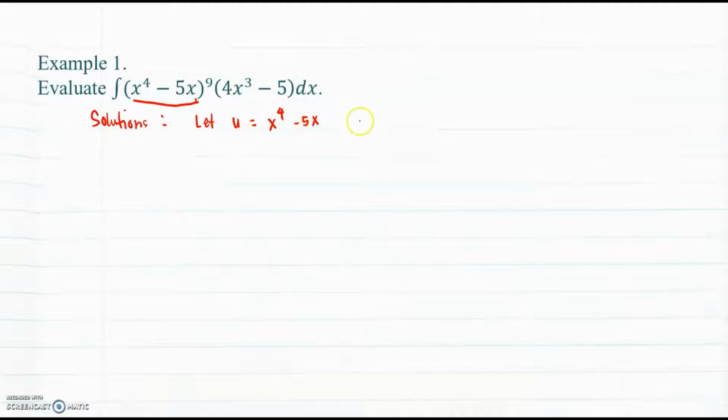And the derivative of u is equal to 4x cubed minus 5 dx with respect to x. Right? So now that we have identified our u and the derivative of u, we can start solving for the integral of our function.